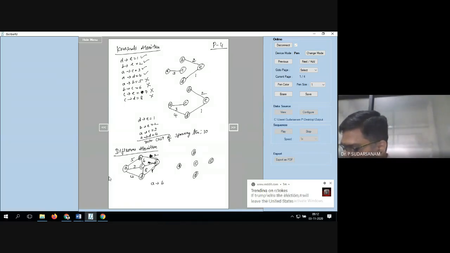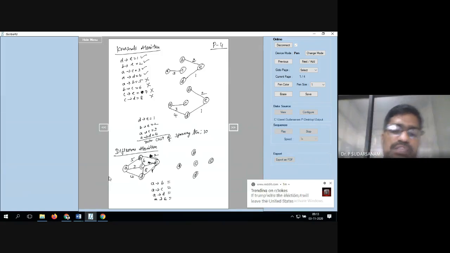A to B, A to C, A to D, and A to E. So directly I'll write the answer here because you know how to solve these problems already. Just for understanding purpose, I'm telling. So A to B, there are 3 ways. A to B directly 5 is there. Another route is A to C, C to B. Another route is A to D, D to C, C to B. So with respect to all these, A to B only will be the minimum cost.